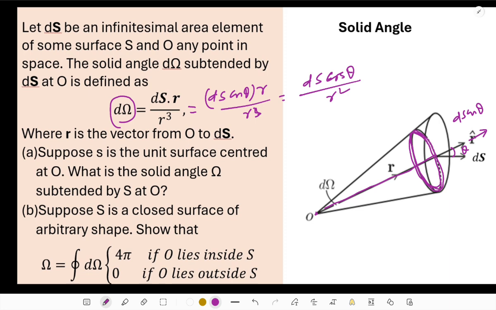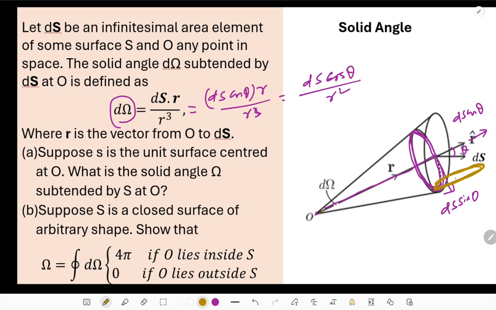And this is simple. Maybe you would like to know where ds sine theta is in this case. So this is dr, this is ds cos theta. ds sine theta will be something like this. And what will be the body of ds sine theta? It might be like this. Its body is parallel to the position vector r.